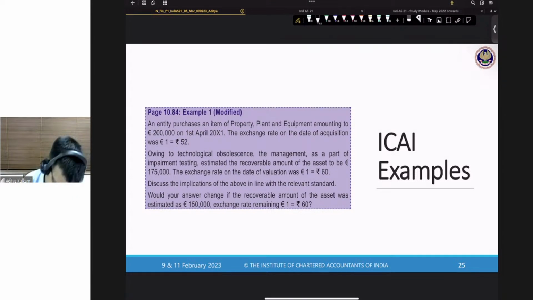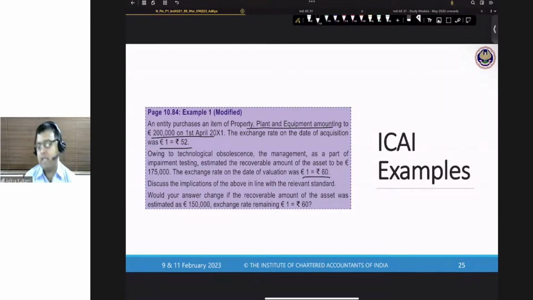An entity purchases an item of property, plant and equipment amounting to 2 lakh euros on 1st April 20x1. The exchange rate on the date of acquisition was 1 euro equals rupees 52. Owing to technological obsolescence, the management, as a part of impairment testing, estimated the recoverable amount of the asset to be 1,75,000 euros.